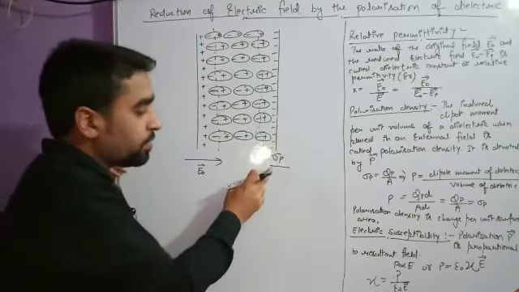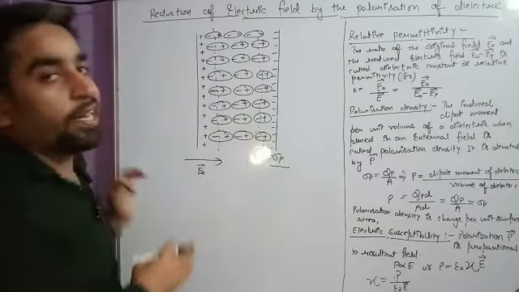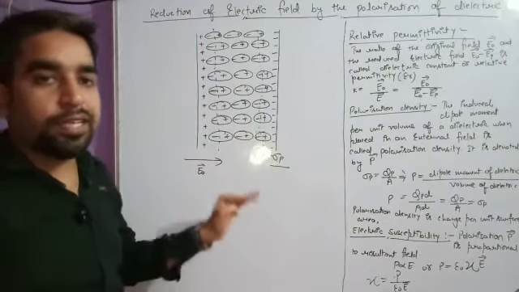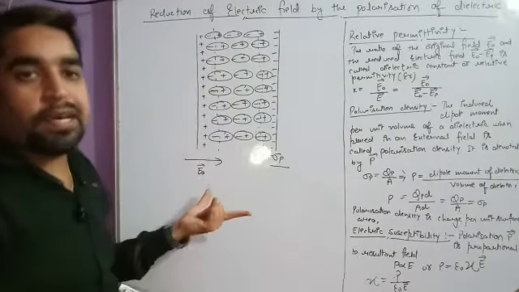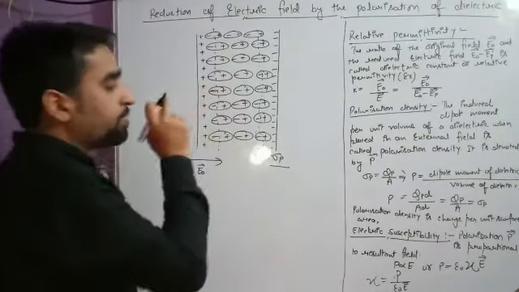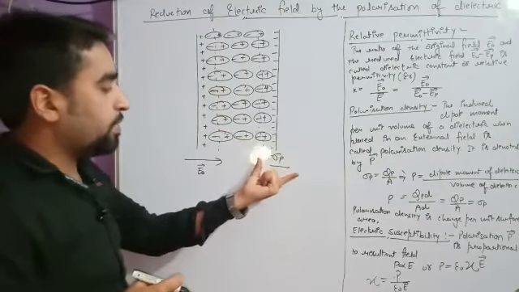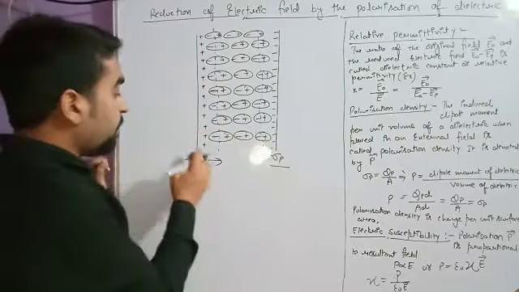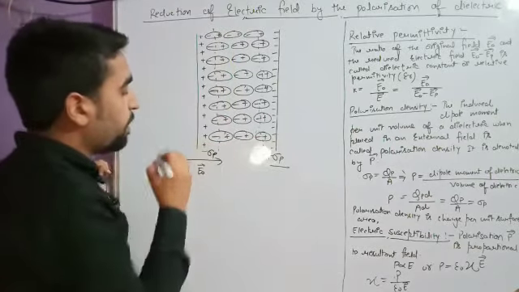This surface charge density I am writing as sigma p because this is polarized charge. This charge is induced because when the dielectric material was placed between the plates of the capacitor, because of this polarization, this charge has been induced. That is why I have written this charge as plus sigma p, and here all the negative charges are there on the corner, so this is minus sigma p.